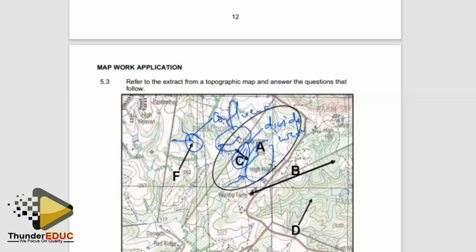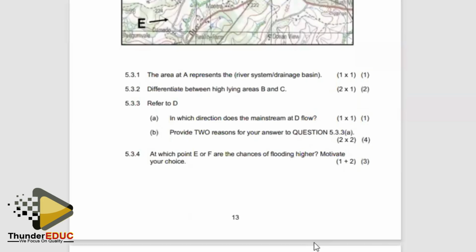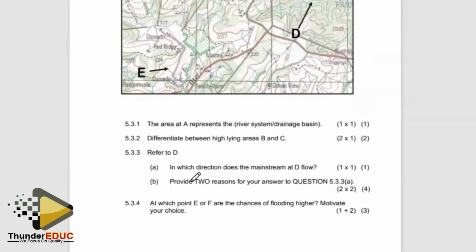So those are the basics that you should apply in terms of the concept of geomorphology, relating them to Mapwork. Right. We might not need to waste much time there. And also, maybe the other thing that you need to note is that the direction of flow of a river is one of the most critical things under Mapwork that learners usually fail to figure out.